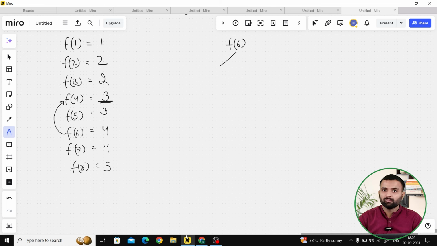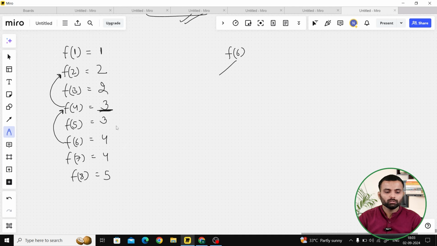So if I calculate f of 4, that will be 1 plus f of 2, like that, right? So if I want to calculate f of 2, what is that pattern? 1 plus 2 steps back, right? But here I want 2, right? So for 2, we just have to go 1 step back, 2 steps back, and that particular answer will be 1. 1 plus 1 plus 2, that's the pattern of it, right?